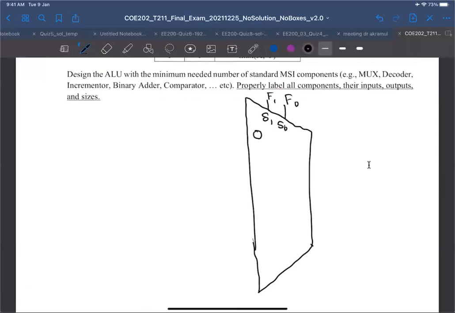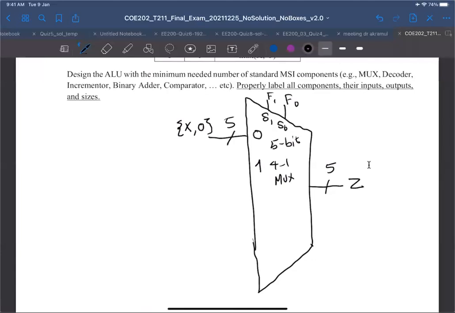This is Z, which is the output, and it is 5-bit. This is a 5-bit 4-to-1 mux. For input number 0, which is also 5-bit, we have x multiplied by 2, which is x concatenated with a 0.